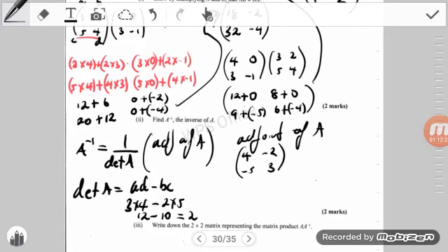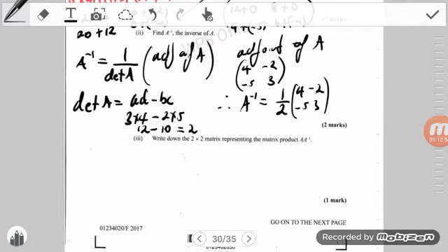So to wrap this up then, A inverse is equal to 1 over 2, because det A is 2, times the adjoint, which is 4, -2, -5, 3. We could leave it there if we want to, but they directly ask us for the inverse, which in my eyes means the inverse without the fraction out front. So I'm going to have to use the half and go inside the bracket.